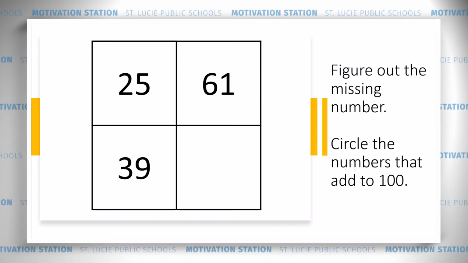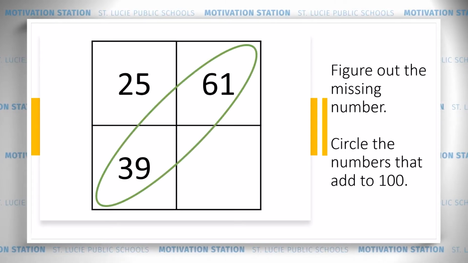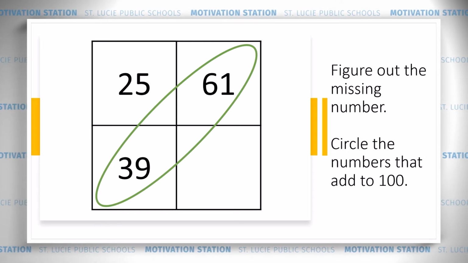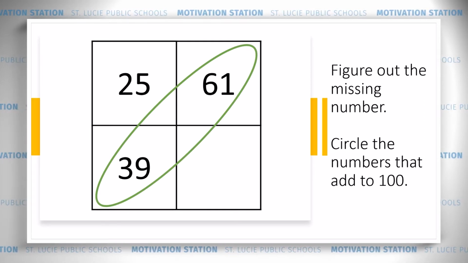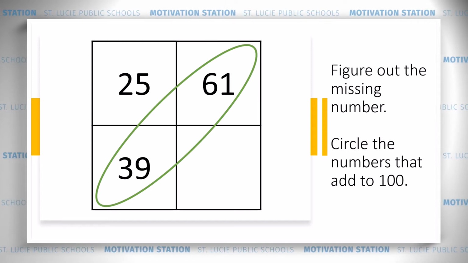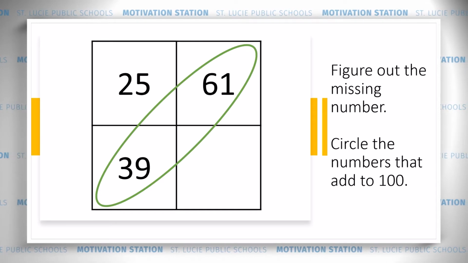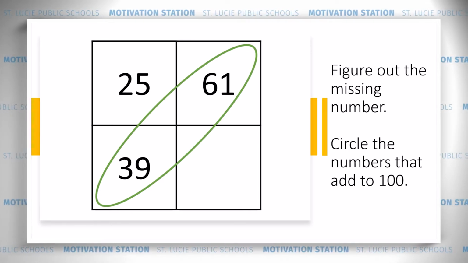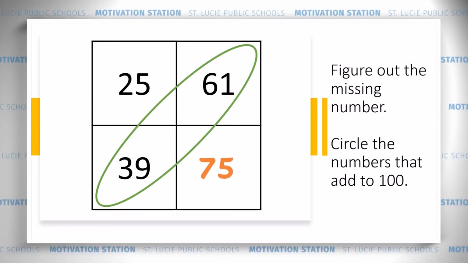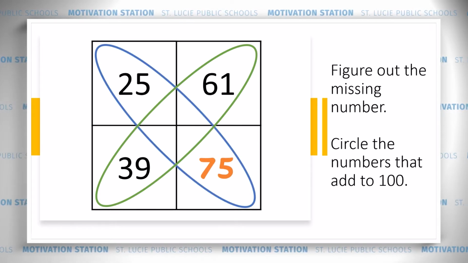So 61 plus 39 equals 100. So we circle it. Now I need to figure out my opposite pair for 25. 25 plus what equals 100? Well, we just did that because quarters. We knew that 75 plus 25 equals 100, so 25 plus 75 will equal 100. So we circle that too. Okay.